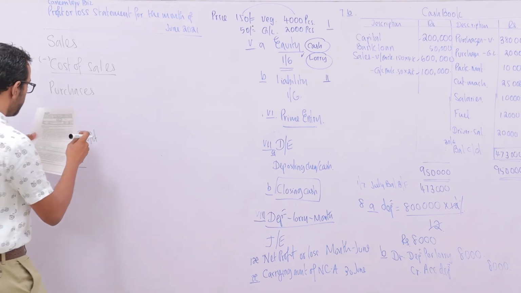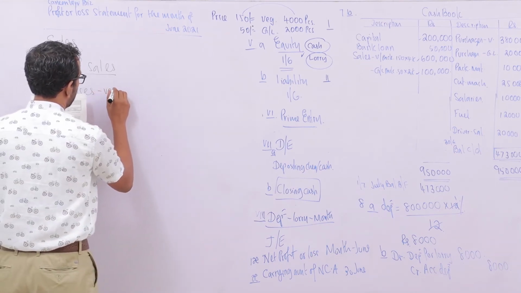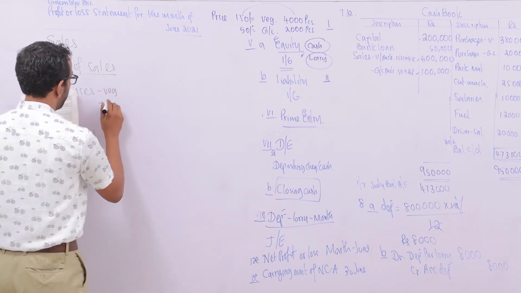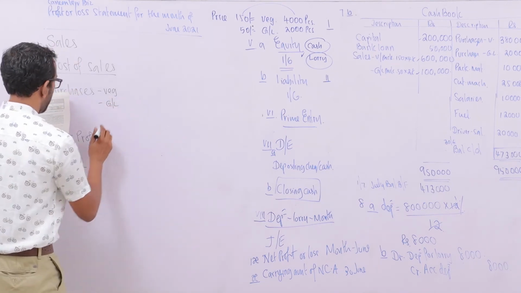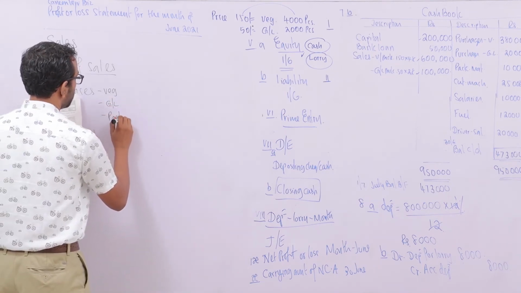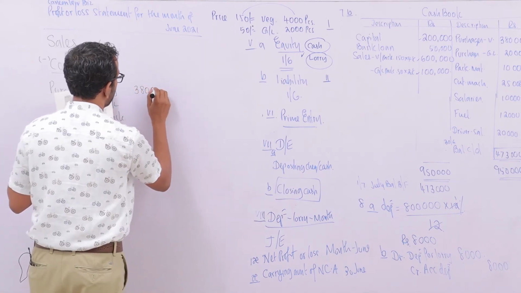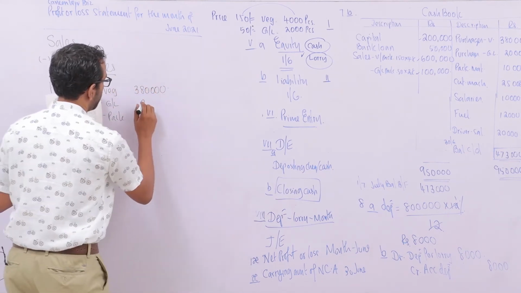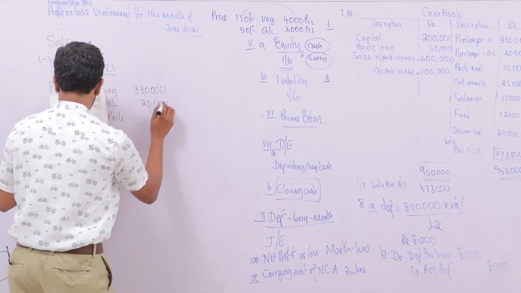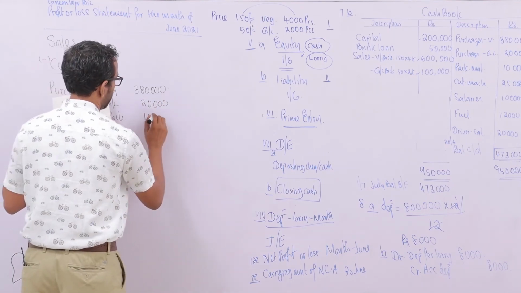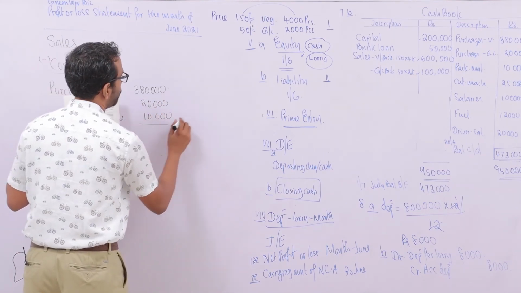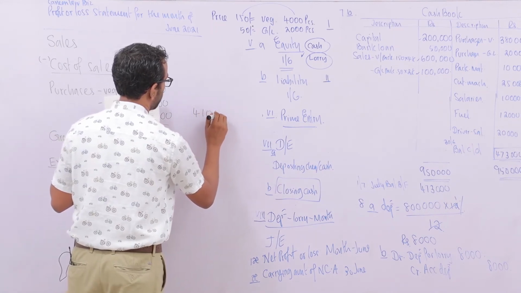Purchases, which is green leaves and packing materials. So, that is 380, 20 and 10. Altogether it is 410.